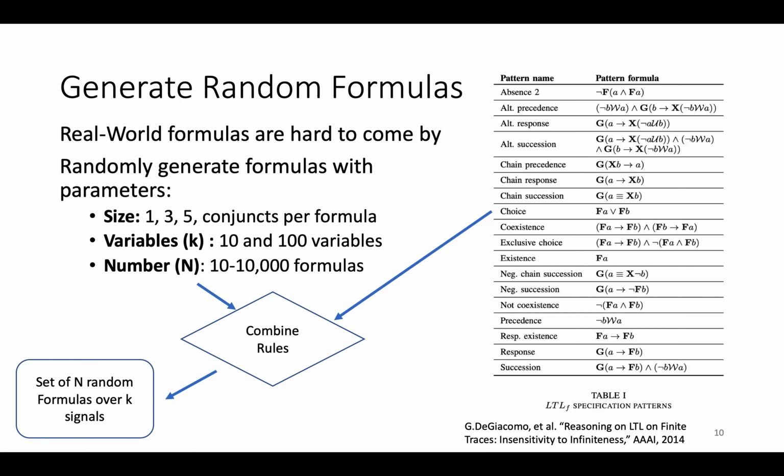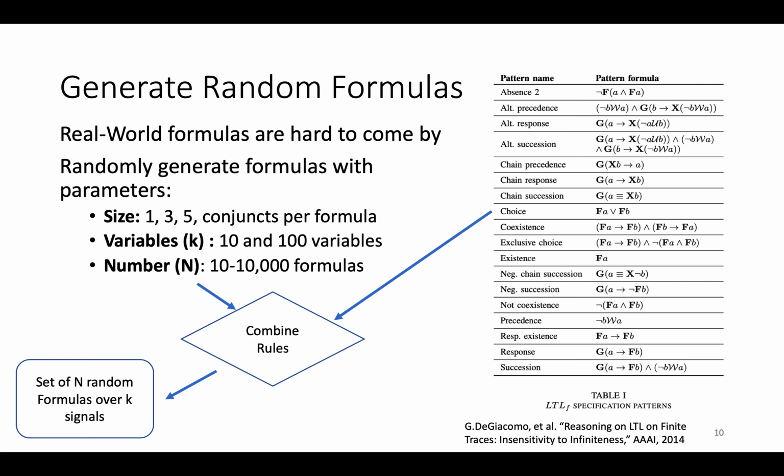Real-world formal specifications are hard to come by. For this reason, we needed a technique for generating LTLf formulas that we could use for scalability analysis. The first part of our pipeline does this by randomly generating a set of formal specification formulas in LTLf.